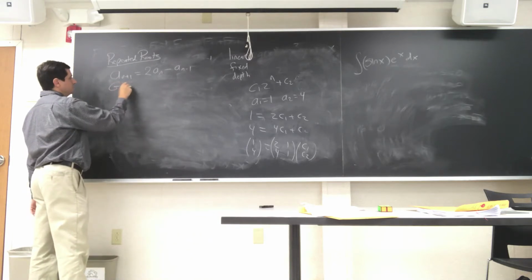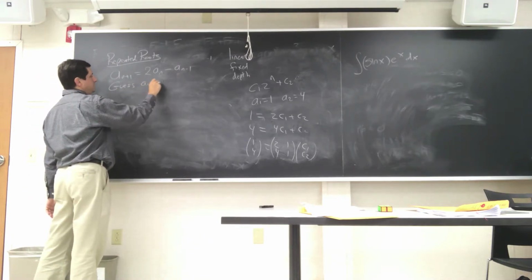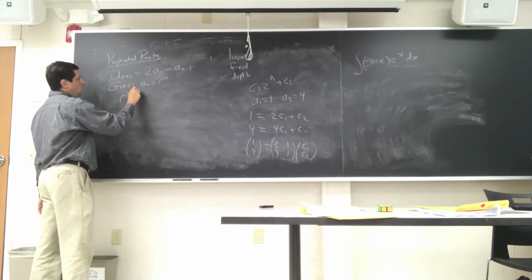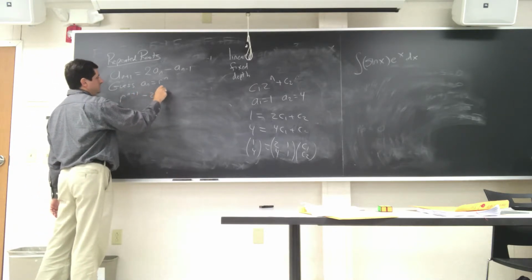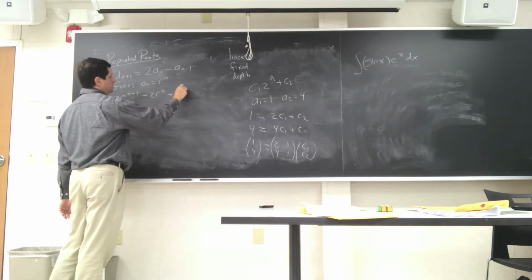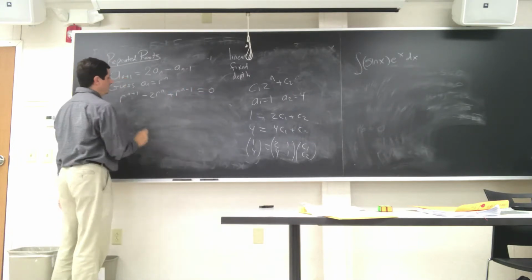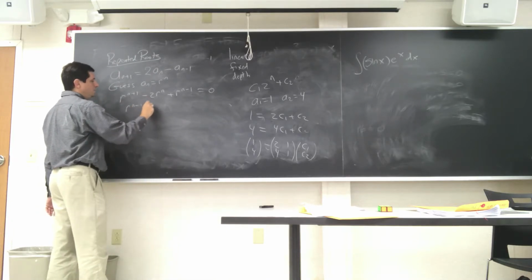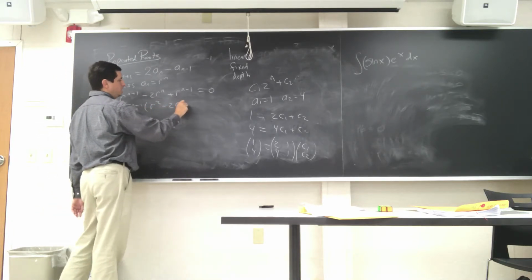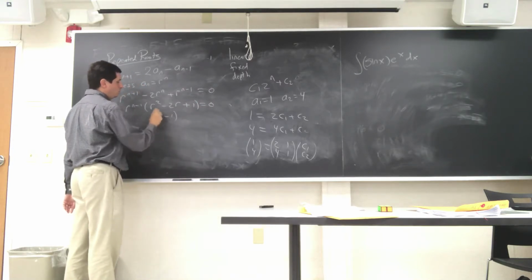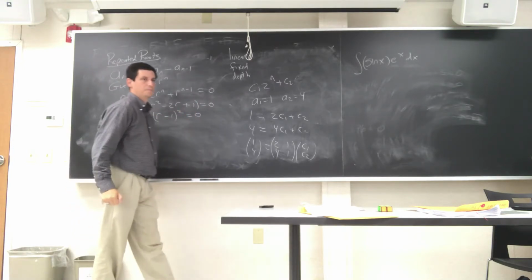So if we guess a_n is r to the n, we would get r^{n+1} minus 2r^n plus r^{n-1} equals 0. So we'd get r^{n-1}(r^2 minus 2r plus 1) equals 0. This is going to give us (r minus 1)^2 equals 0.